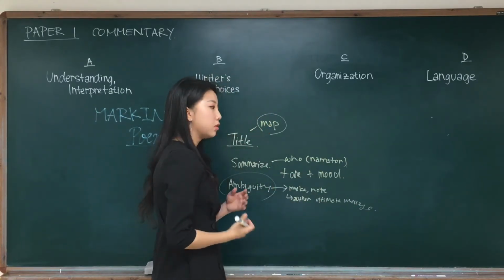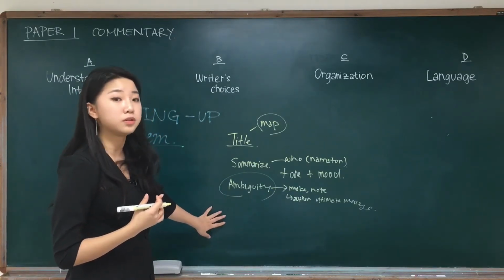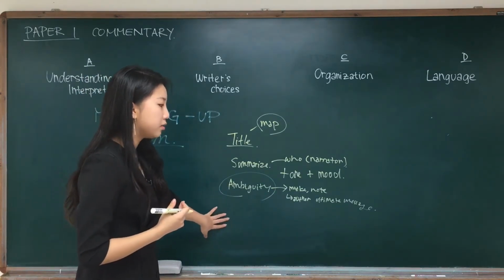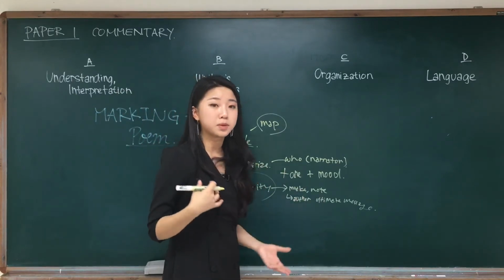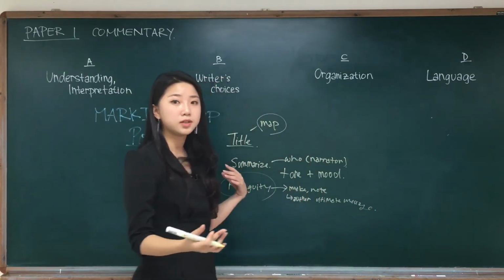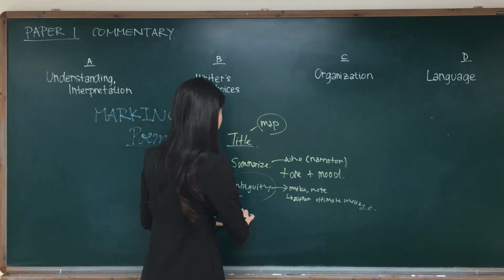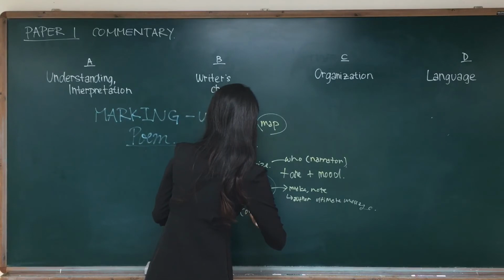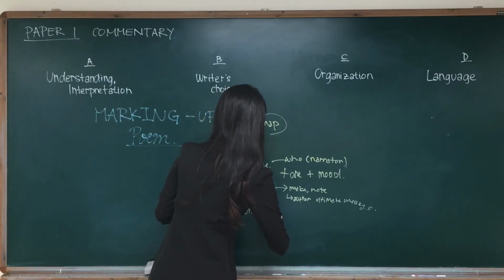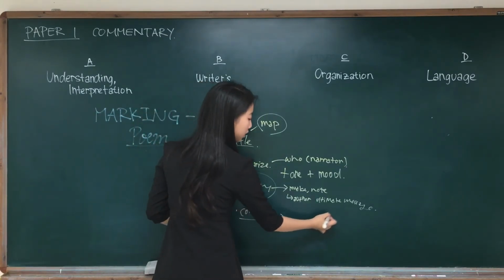The author can indicate this through their use of language and different types of perspectives, and there might be a change in the speaker's point of view. So make a note of those contrasts that occur in the poem, because everything essentially relates back to the author's message.